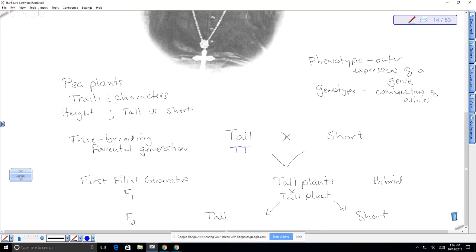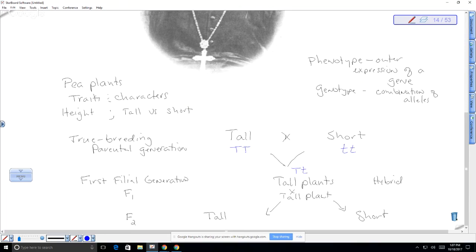What about the short? Little t. This is important because it's not an S. People want to put S's there, don't put S's there, okay? Generally, I'll give you the gene and then what it codes for, okay? So what do you think the hybrids had as their combination? Big T, little t. So that's a hybrid.